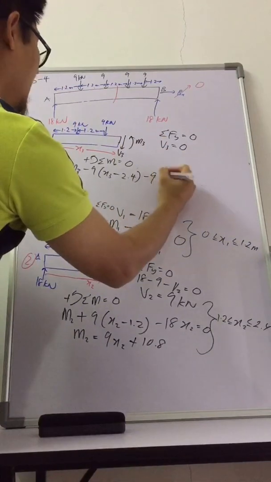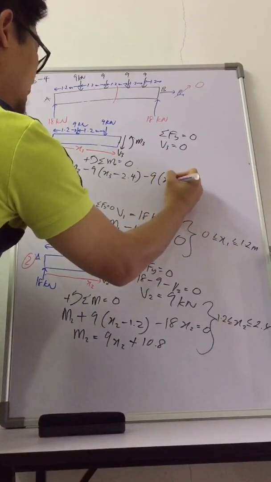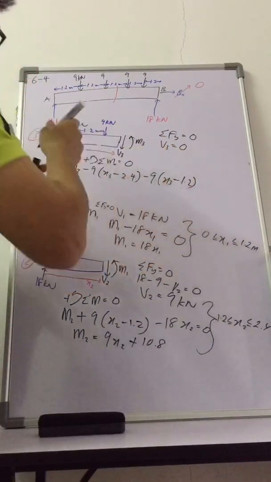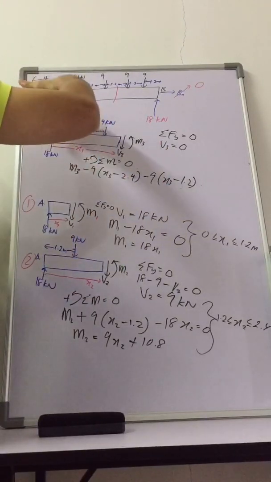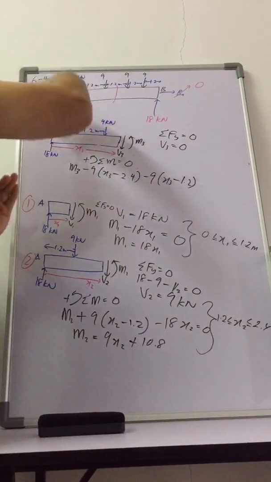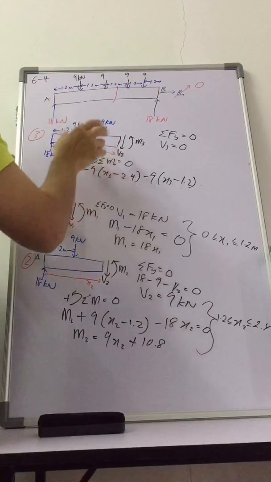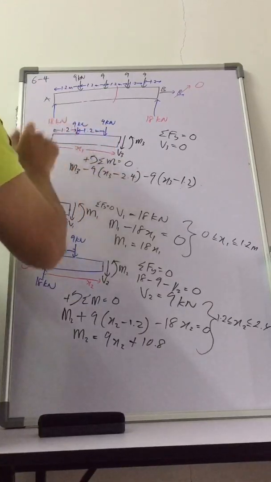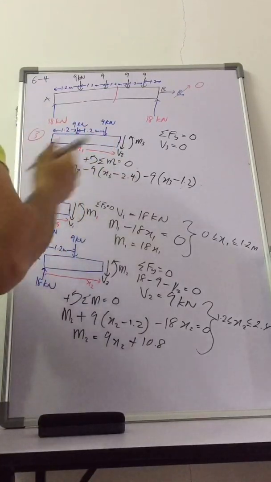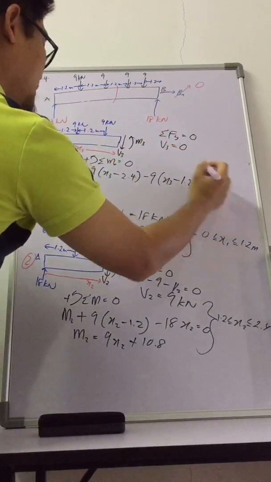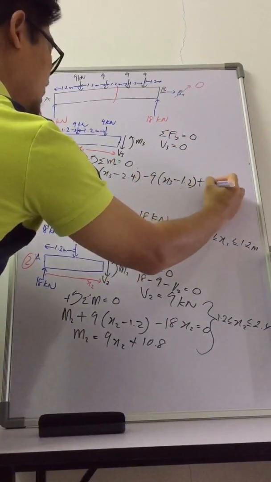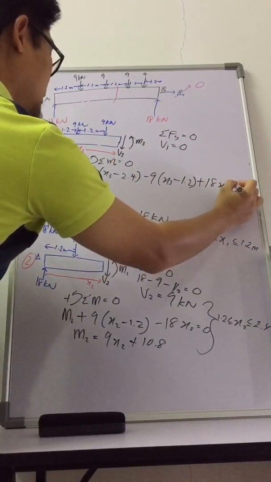Next, minus 9 times (X3 minus 1.2), isn't it? Minus 9, this one. Okay, this is the direction of the load, and then the arm is X3 minus 1.2, right? And then we have plus 18 X3 equals 0.